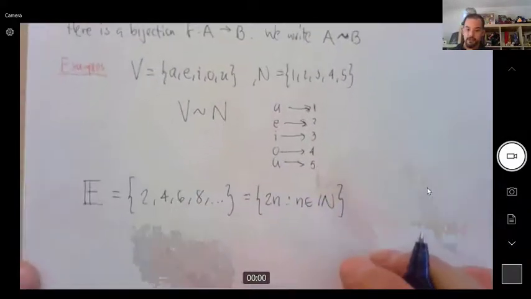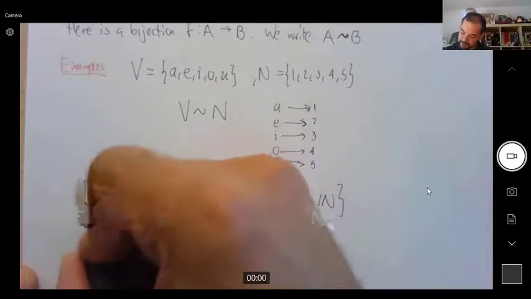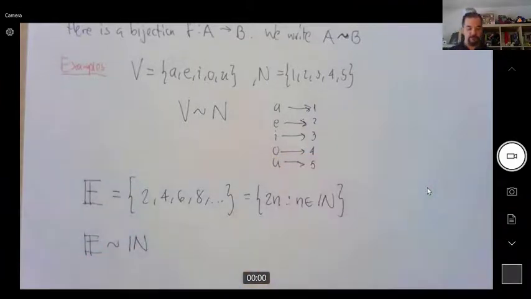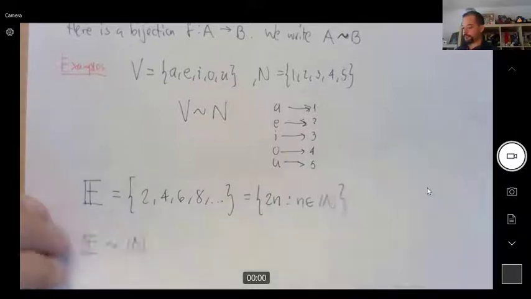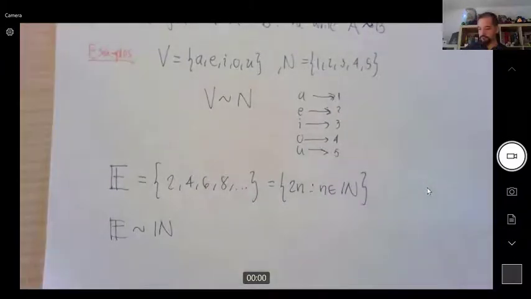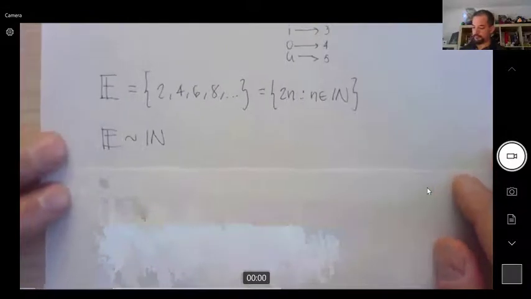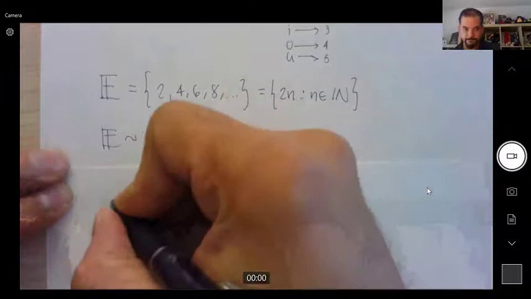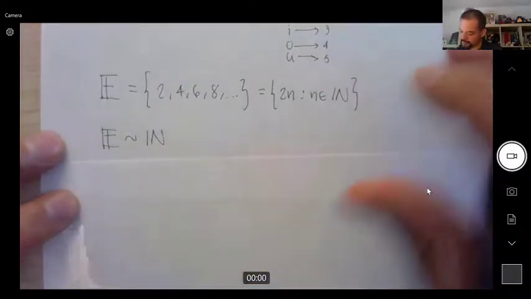And here the claim is that this set E has the same cardinality as the natural numbers, right? Do you see that? What would be the bijection, or one of them? A bijection from the even numbers to the natural numbers could be, for every element in the even numbers, divide by 2. Exactly, very good.